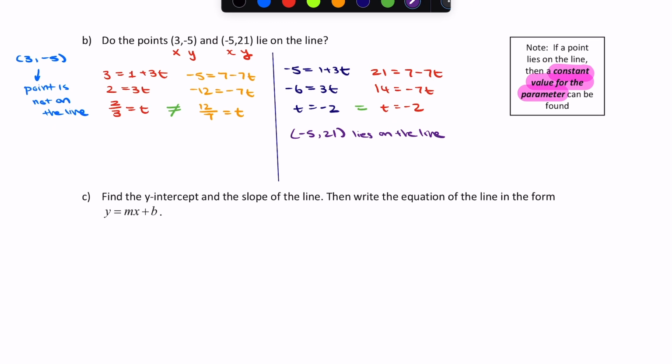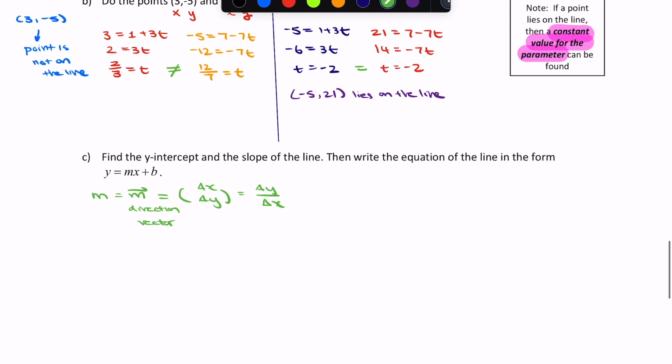Okay, and then part C says find the intercept and the slope of the line, then write the equation of the line in the form y is equal to mx plus b. So here we have m, our slope, which is equal to our direction vector, which is also equal to our delta x and our delta y, so delta y over delta x.